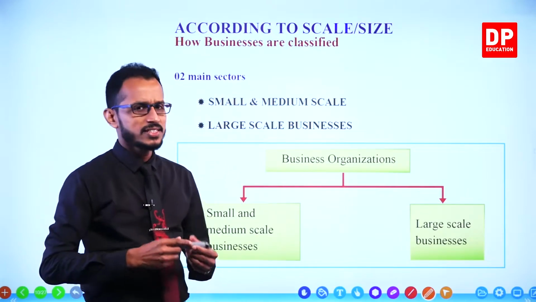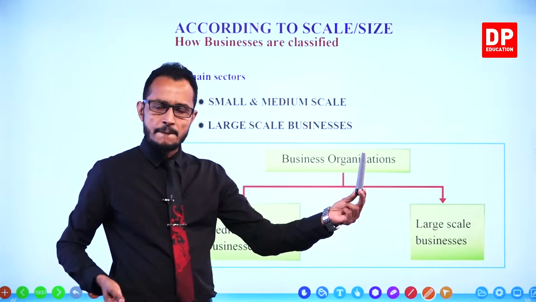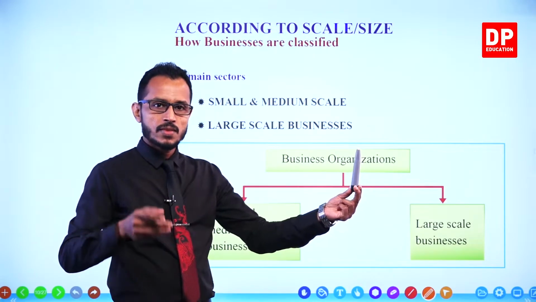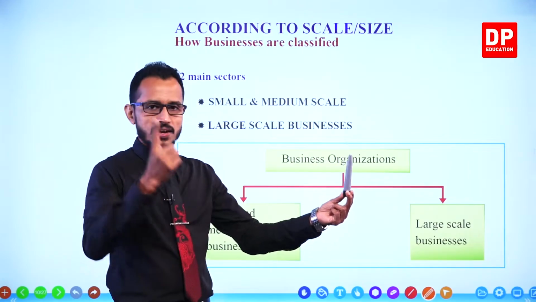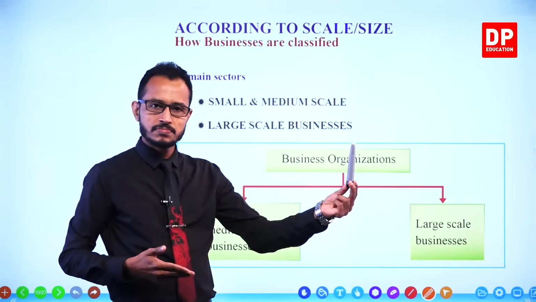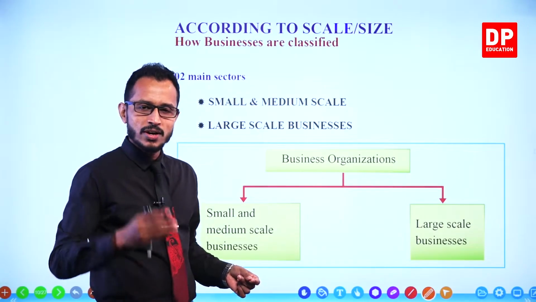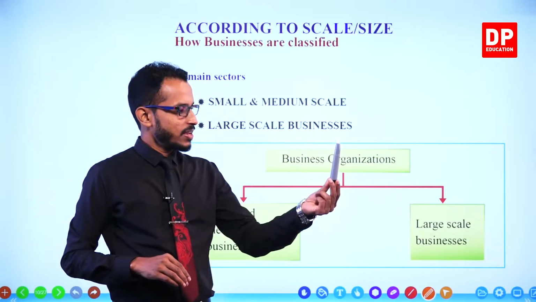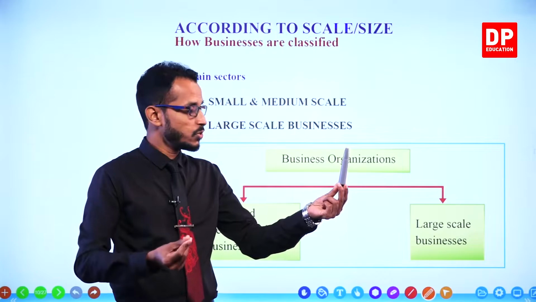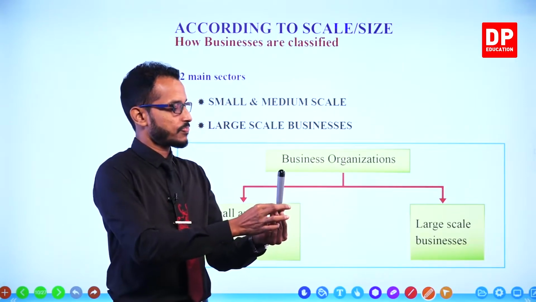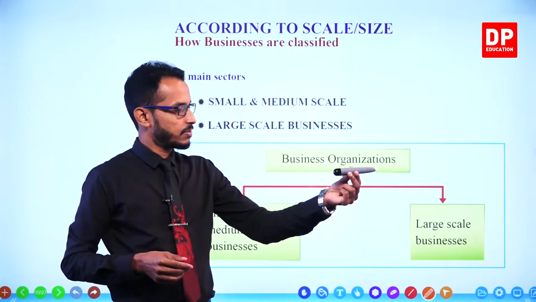I took a very simple example to explain what criteria are. I took a criteria to divide pens. I explained to you what a criteria is, a criteria which is used to divide something.